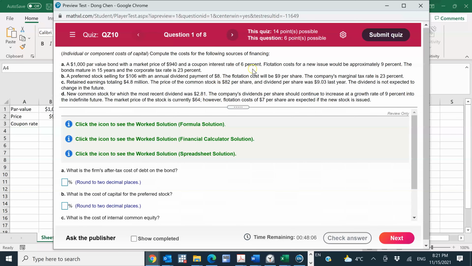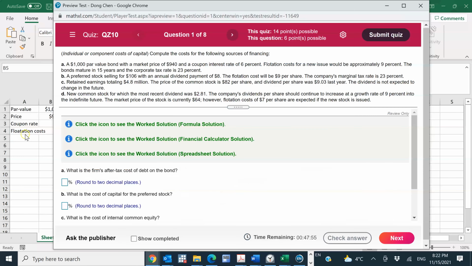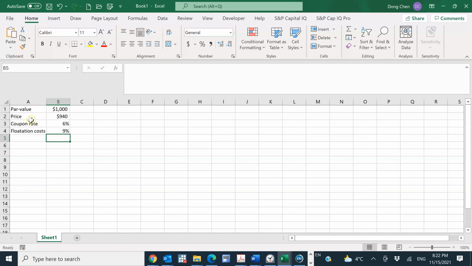So coupon rate is 6%, and the flotation costs are 9%, right? So this is 9% with respect to the price, because the firm can sell the bond on the market for this much of the price, but then it has to incur this flotation cost.